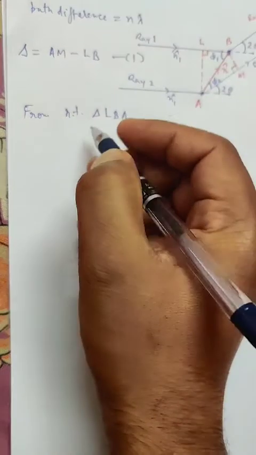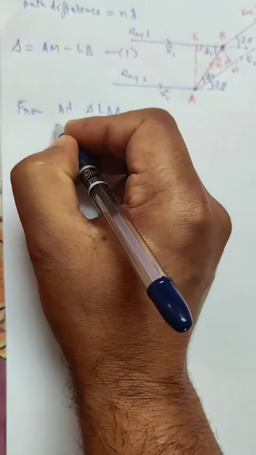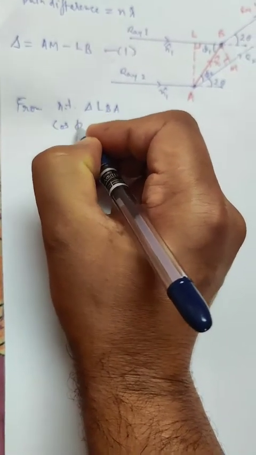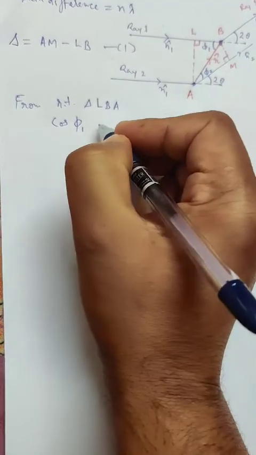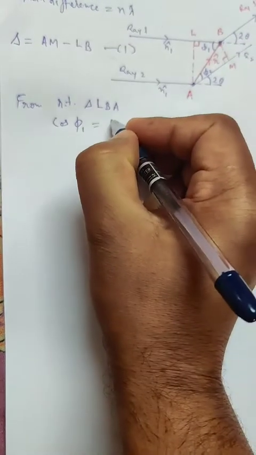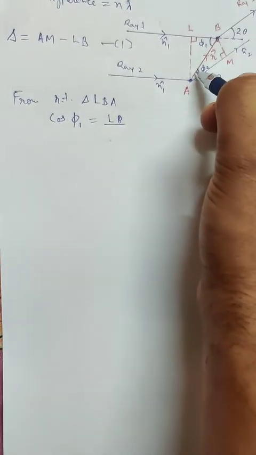So cos phi 1, because we are considering this phi 1, will be B upon H, that is LB upon AB.